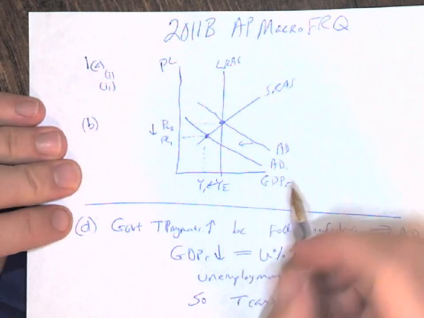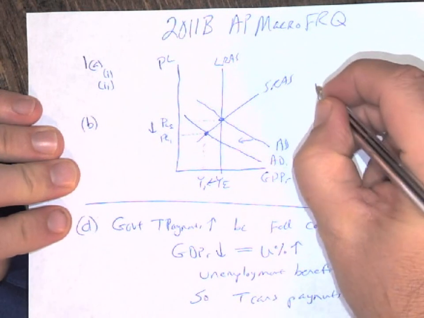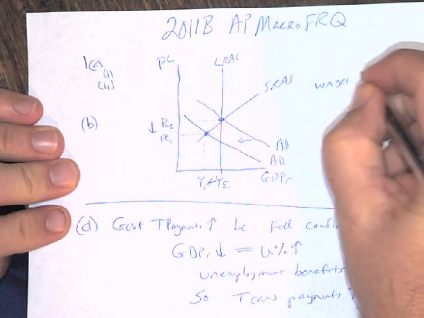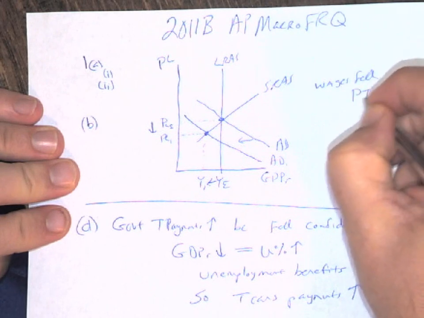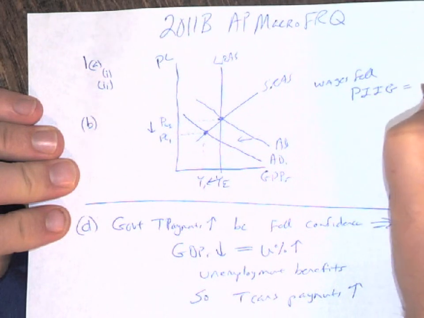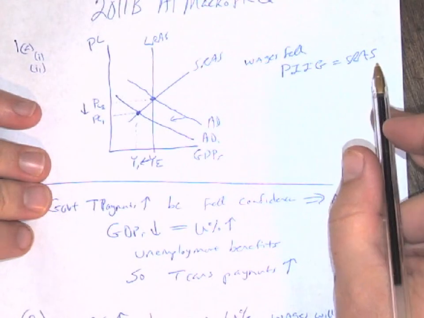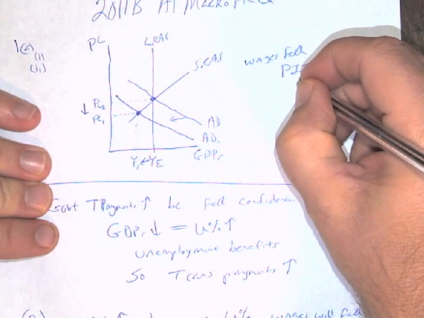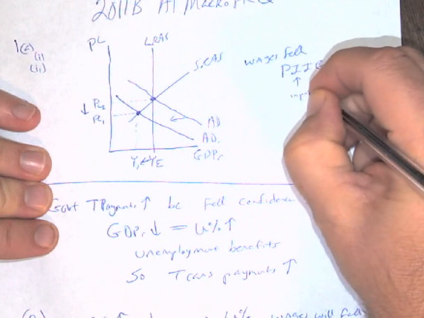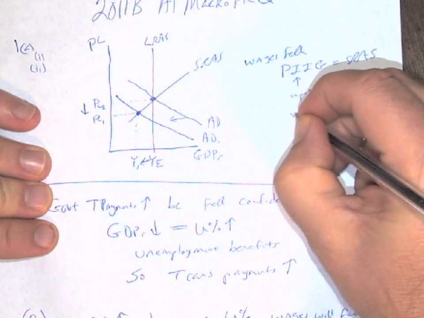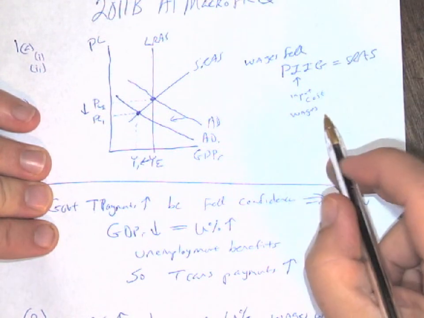So what's going to happen is when wages fall, remember we have PIG. We have PIG equals short run aggregate supply. So this is an input cost. Wages are an input cost.